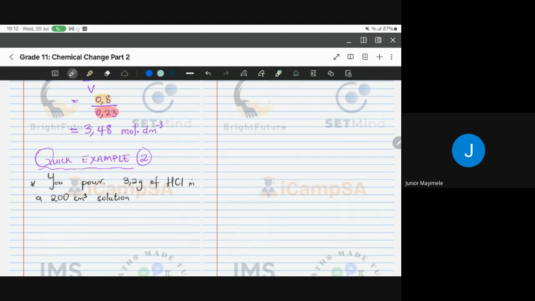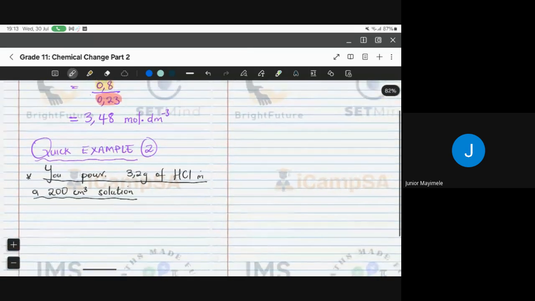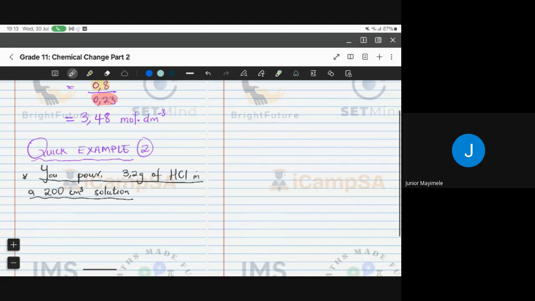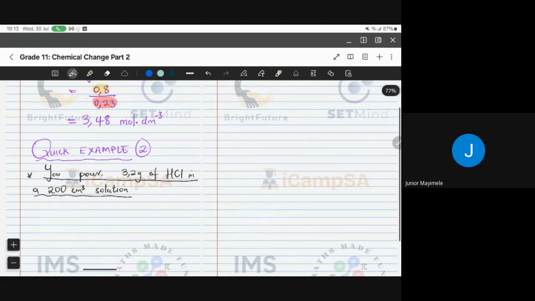You just pour 3.2 grams of hydrochloric acid in a 200 cubic centimeters solution. Remember, a solution means there's a solvent and a solute. If we're talking about tea and sugar, the solute would be the sugar and the solvent would be the water. Now, we're given this and need to find the concentration.